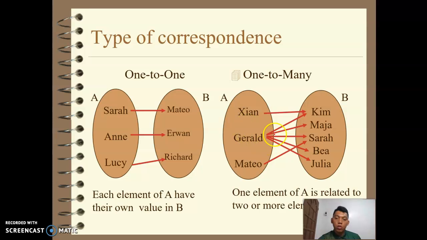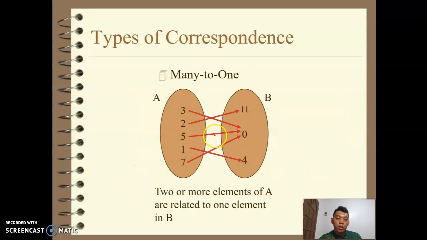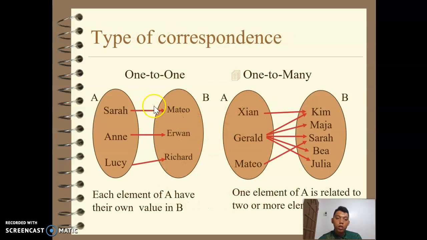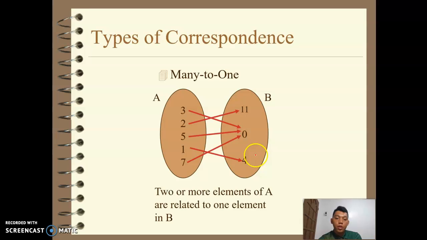Gerald is connected to the five names, so one to many is not a function, of course. So one-to-one is a function also, many to one is a function, and this one is not a function. Two or more elements of A are related to one element in B.